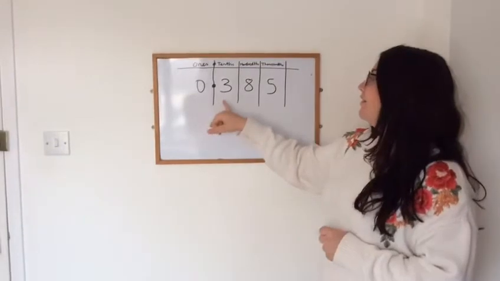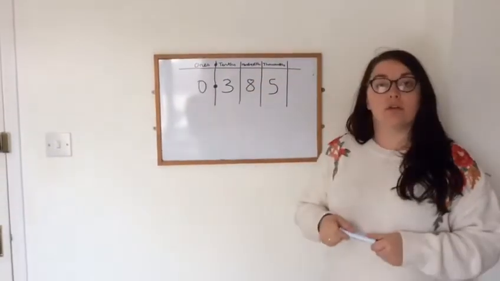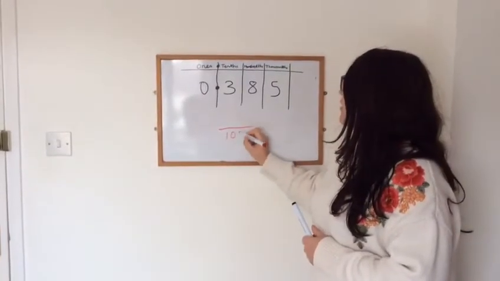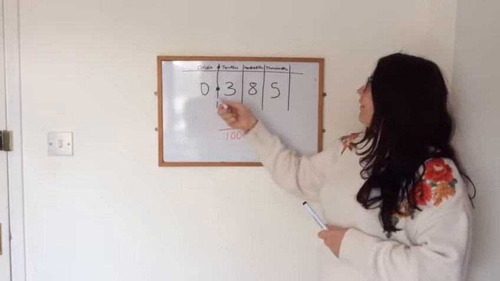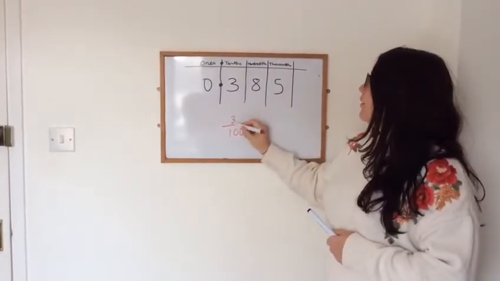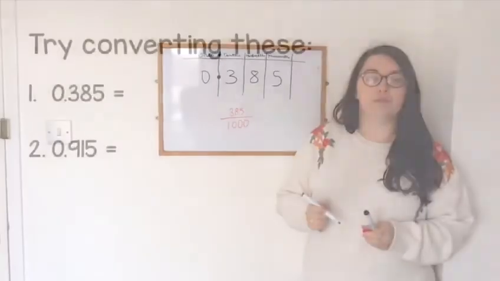So we're looking for the last digit again, which this time is 5. It's in the thousandths column, so we know that it's going to be out of 1000. After the decimal place we have 385, so we know that the top number is going to be 385.